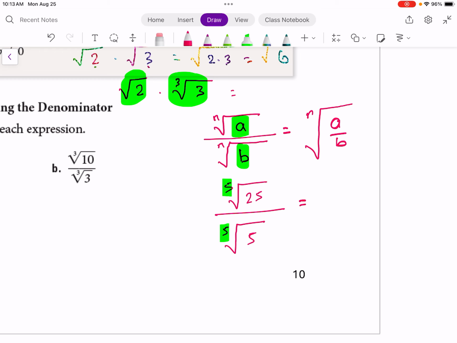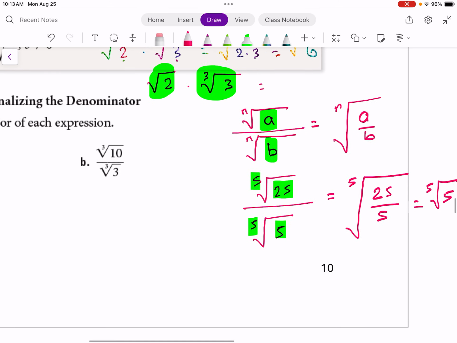Now you write down the radical sign with the same index 5, and you divide 25 by 5. So 25 divided by 5 gives fifth root of 5. This is the final answer. We use this rule only when we have a common index. If you have different indices, you are allowed to use a calculator.